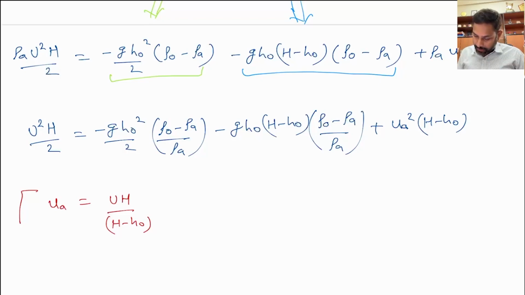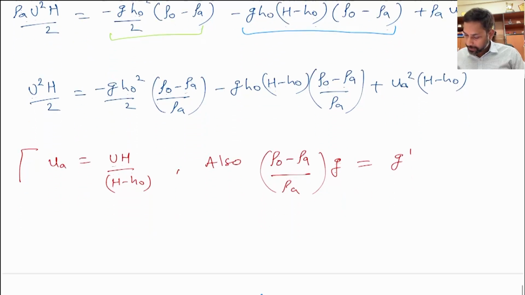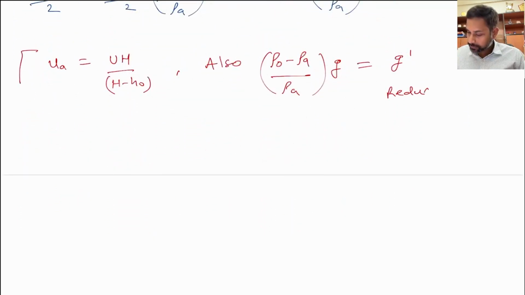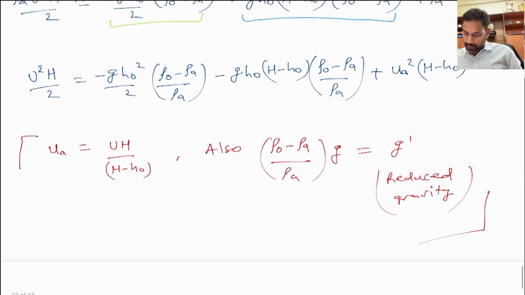And also, if you remember, (rho naught minus rho A over rho A) times g is actually g prime, right? And what is g prime? That is the reduced gravity parameter that we have already defined in the past, and we are not going to discuss it more.